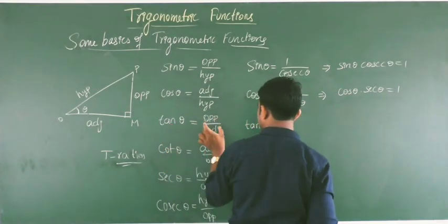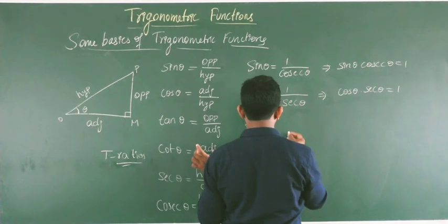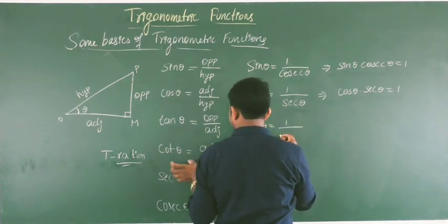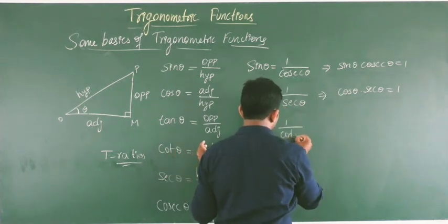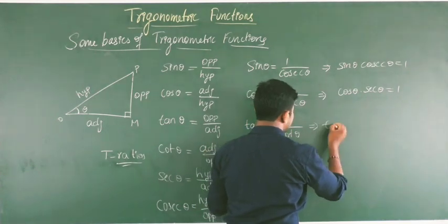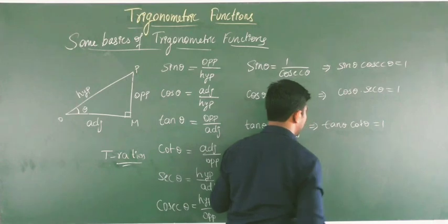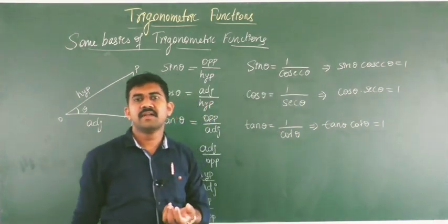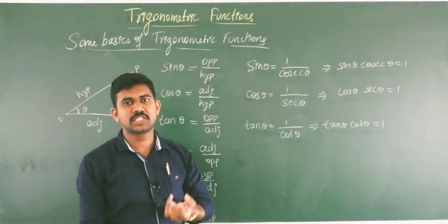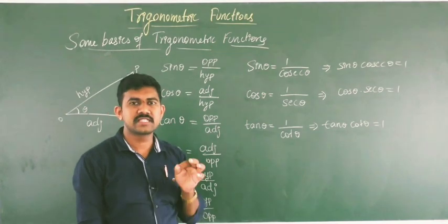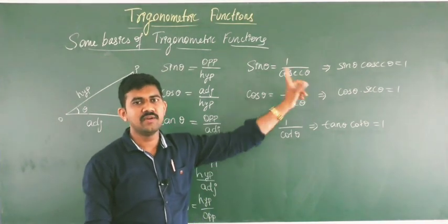You can observe opposite by adjacent, but here adjacent by opposite. So again they are reciprocal of each other. So we can write tan theta into cot theta is equal to 1. Okay, so the product of reciprocal trigonometric functions with the same angle gives the value 1.